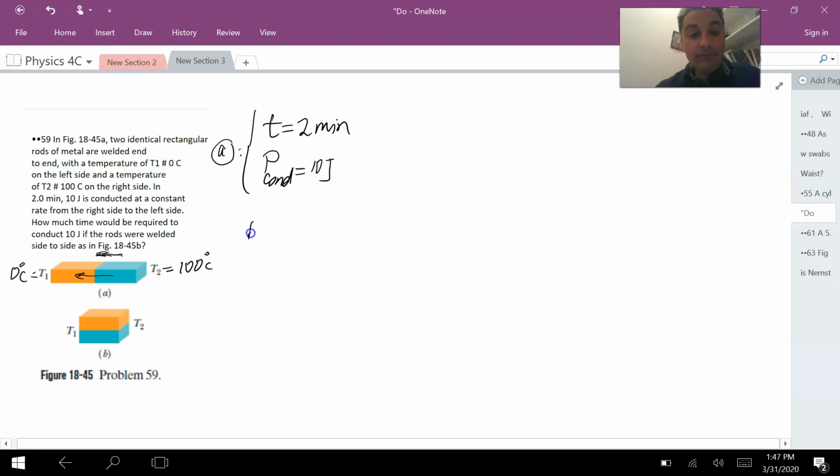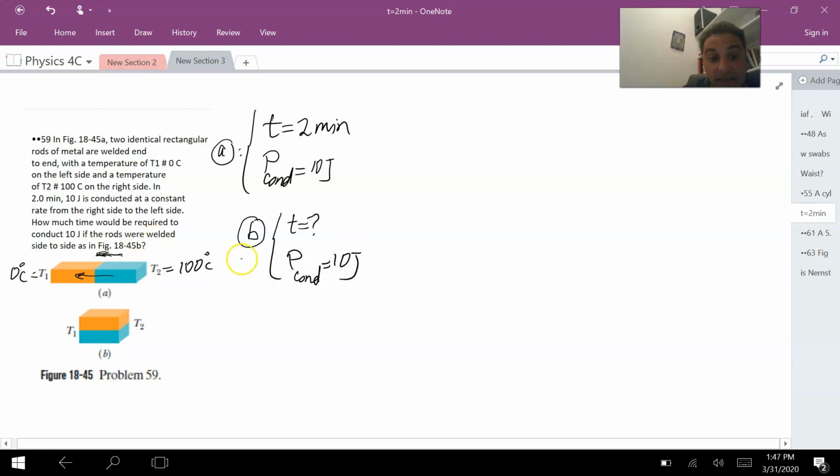Okay, part B, not part B, sorry, for picture B. It says how much time would be required to conduct the same 10 joules if the rods were welded like this picture, side to side, and this temperature is still 100, T1 is 0, okay.